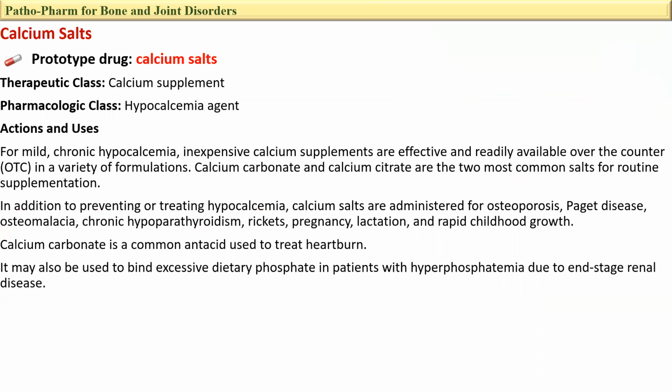We will give the calcium supplement, and it's used to prevent and treat mild hypocalcemia, or for osteoporosis, Paget's disease, chronic hypoparathyroidism, pregnancy-related hypocalcemia, during lactation, and rapid childhood growth. That's the primary use of this calcium supplement.